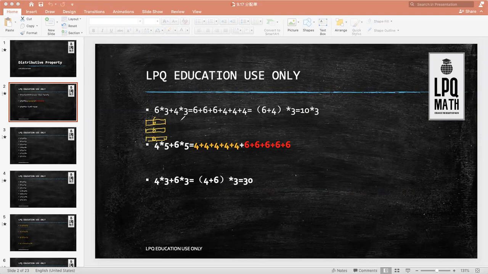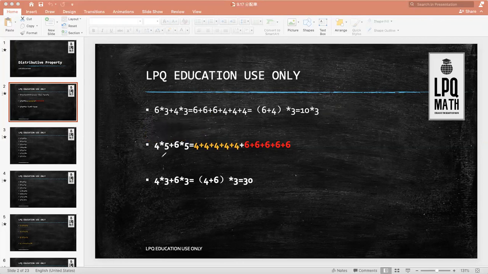And 4 times 3 equals 3 groups of 4. If I add them together, how many groups is it? Obviously, it is 3 groups of 6 plus 4. So it is 6 plus 4 times 3 equals 10 times 3 equals 30.